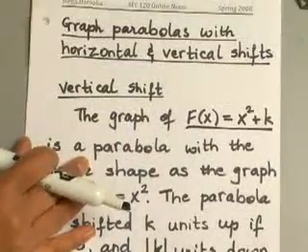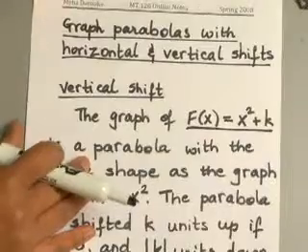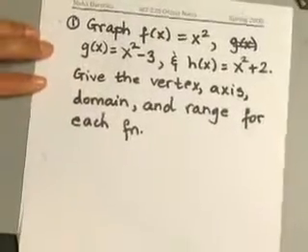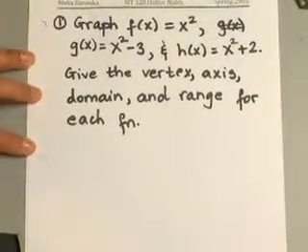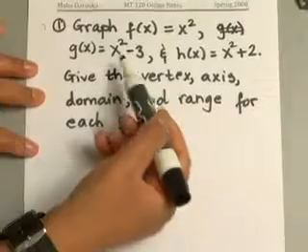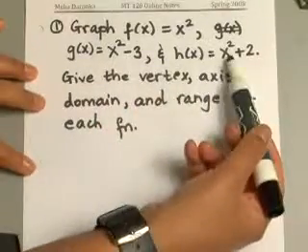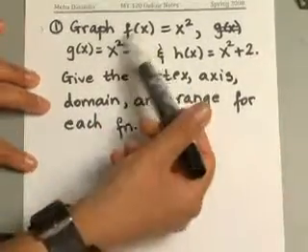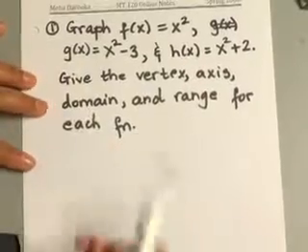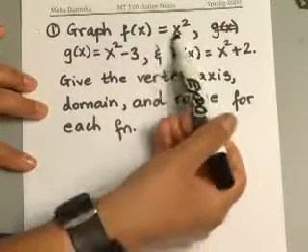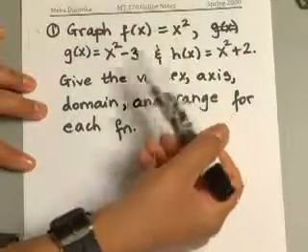So we want to see how exactly this vertical shift would work for us. Let's take a look at this example here. We want to try and graph these functions. You have x squared, you have x squared minus 3, and you have x squared plus 2. So we're trying to graph these f, g, and h functions. You can see one example is just the basic x squared function.